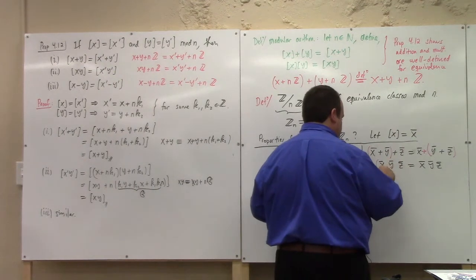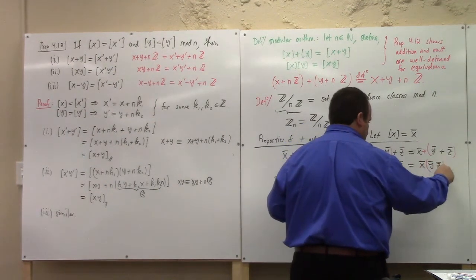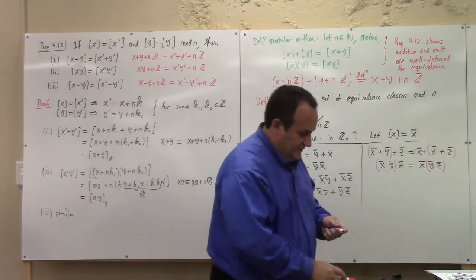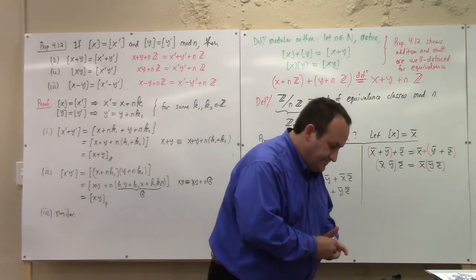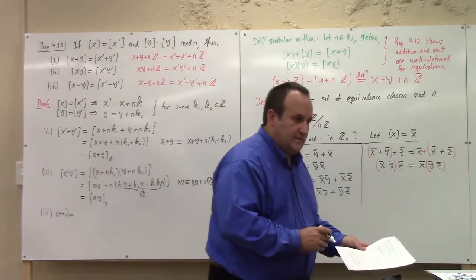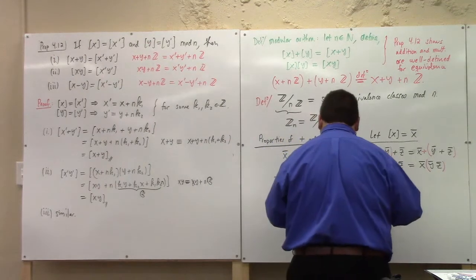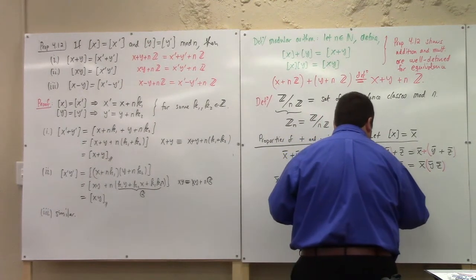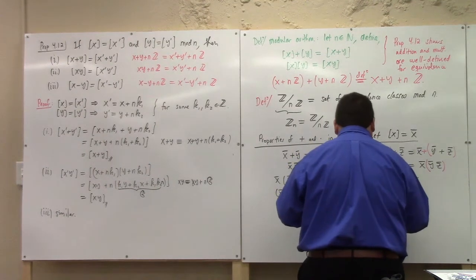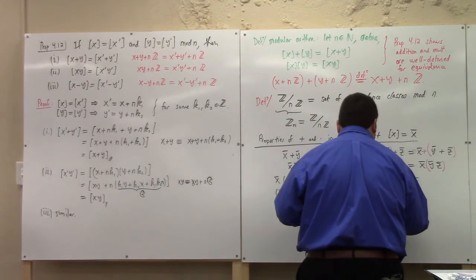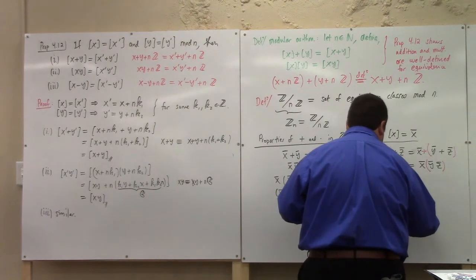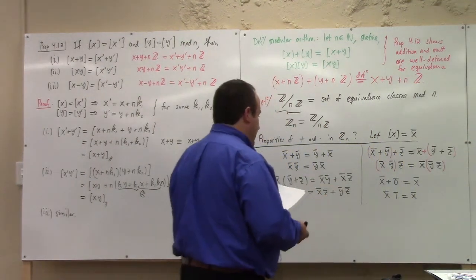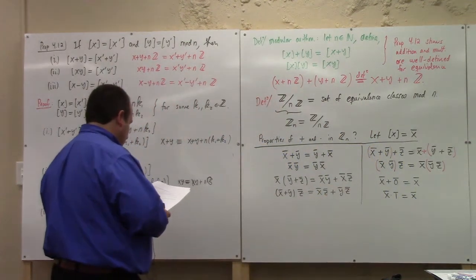You could go with this, or you could go with that. Associativity. Oh, and there's an additive identity, right? Like x bar plus 0 bar is x bar, right? And x bar times 1 bar is x bar. So there's an additive identity, there's a multiplicative identity, right?